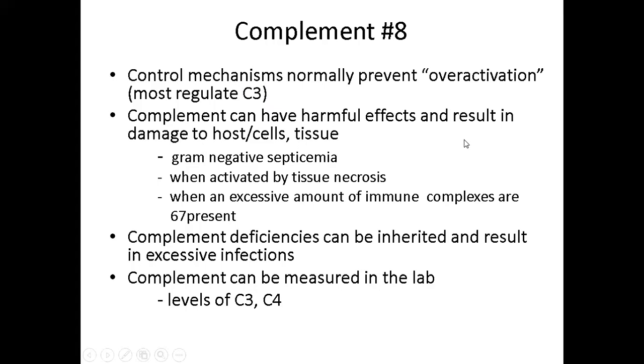Complement can have harmful effects and result in damage to host cells and tissue in certain instances, okay? So remember, its job is really to destroy foreign red cells or to destroy infectious agents, but sometimes there can be a deleterious effect to the person.